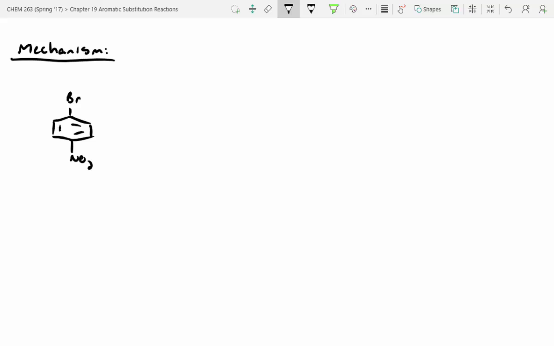Yeah, ortho or para too, right? So if we look at the nitro group, it's electron withdrawing, so each of these carbons is electron deficient. Which means the nucleophile is going to be really attracted to one of these electron deficient carbons. So this electron deficient carbon is going to be attacked by the nucleophile.